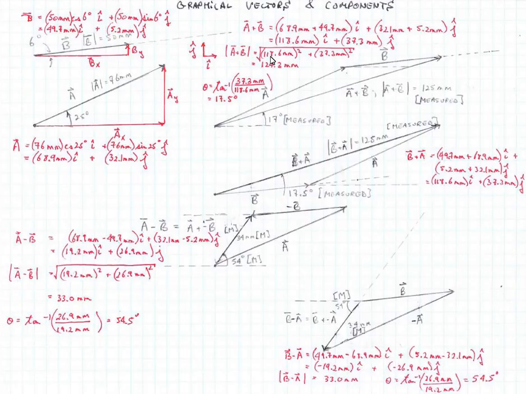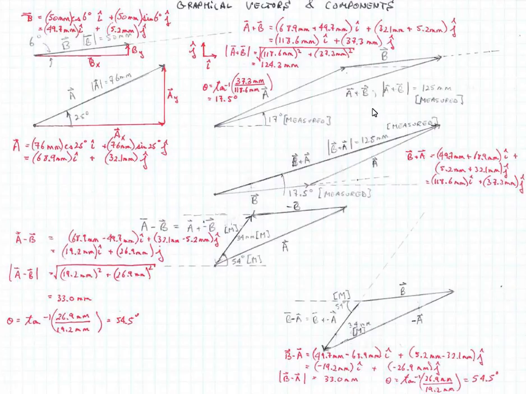If we find the length of this vector a plus b using components, that's through Pythagoras, that's just going to be the square root of the sum of the square of the x component plus the square of the y component, which turns out to be 124.3 millimeters.